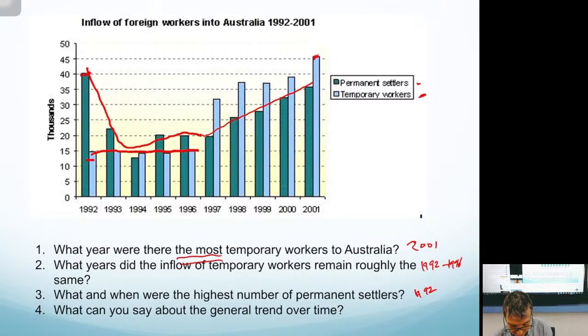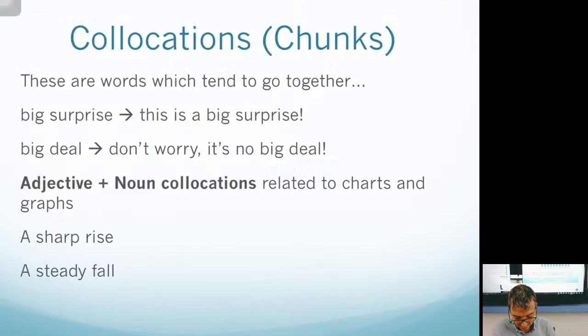For the light blue, we can see that it remains constant for a little while, then it increases sharply, and then, same as the other one, it rises steadily in that direction.